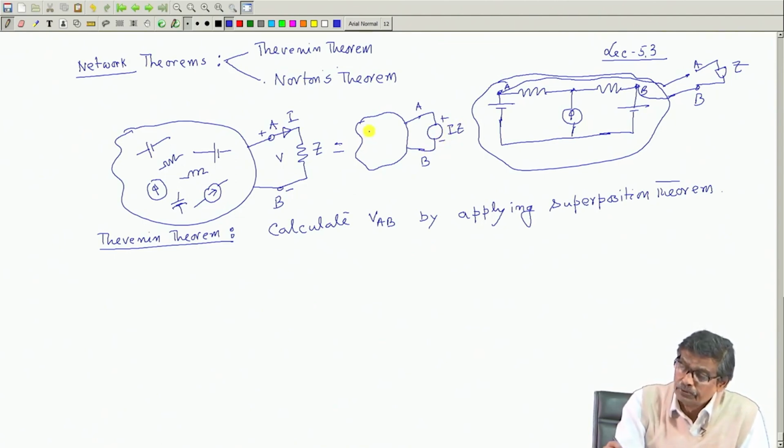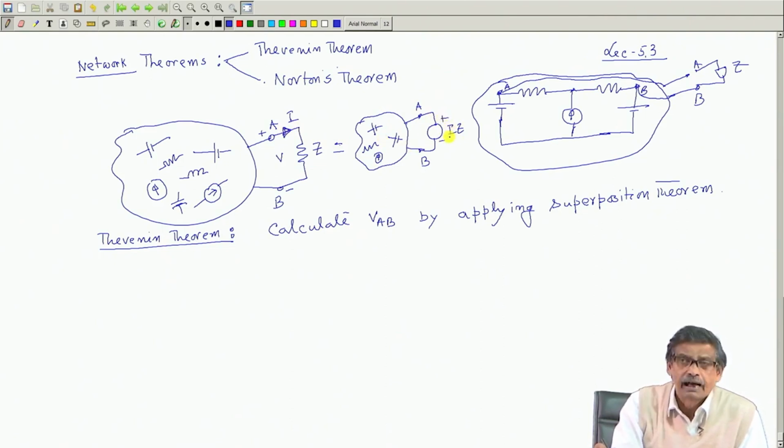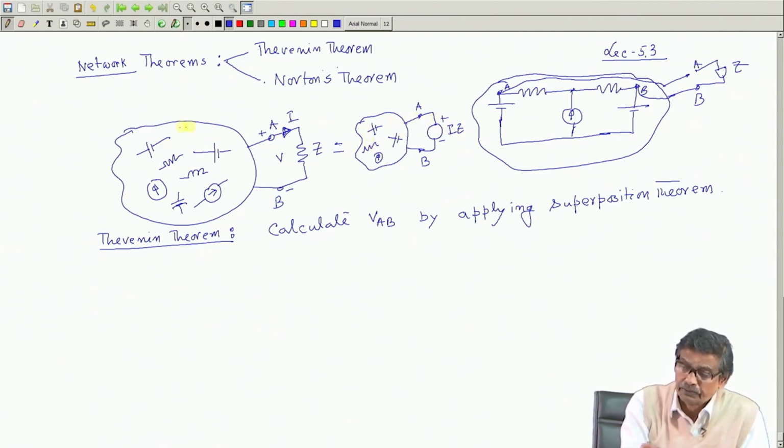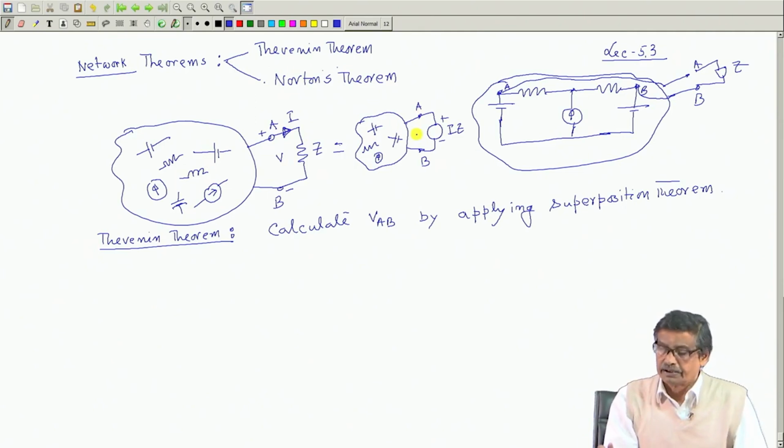There are several sources inside the network, several elements, current sources, and across AB this Z is connected, and the current is I. Therefore, this branch can be replaced by a voltage source plus minus I z, and it is not going to alter any branch currents of this network. Same currents will be flowing here, which we established earlier.